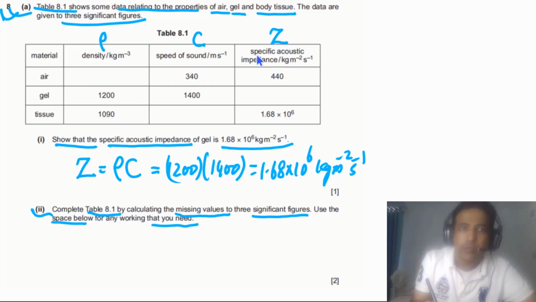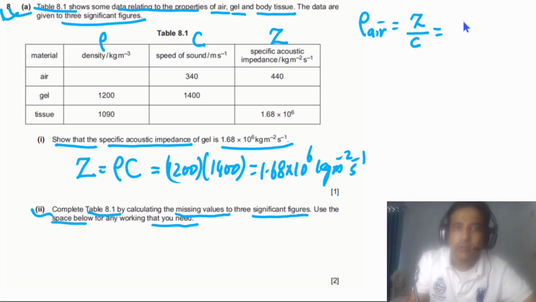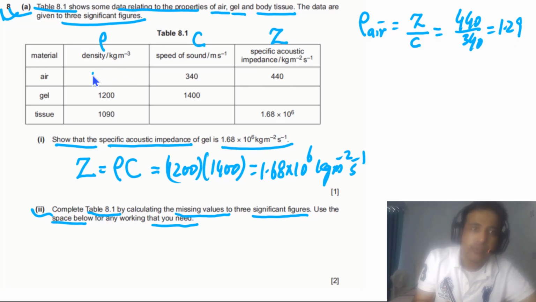For the first row, for air, we need to calculate the density of air. Density of air will be equal to acoustic impedance divided by speed of ultrasound in air. So Z we have, this is equal to 440 divided by 340. We will get 1.29, 3 significant figures. So we can write here 1.29.